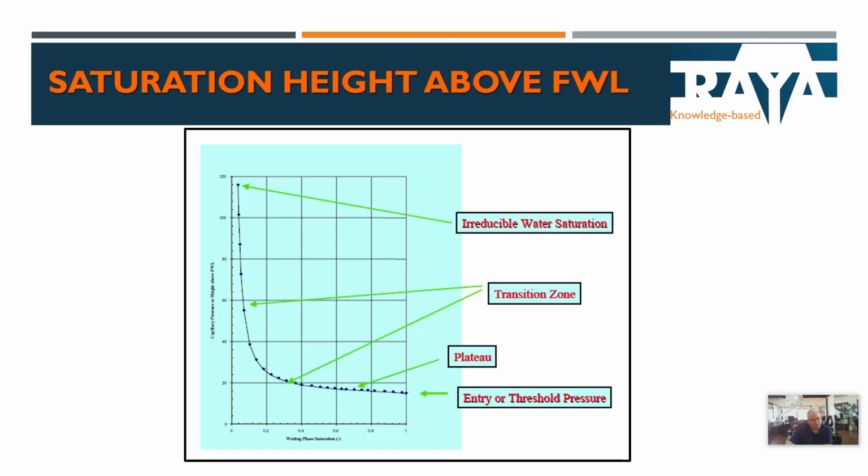And finally, we have the threshold pressure point, where the water-oil contact is located. And below the water-oil contact, we have the free water level, where the capillary pressure is equal to 0 because we only have water as fluid in the rock.